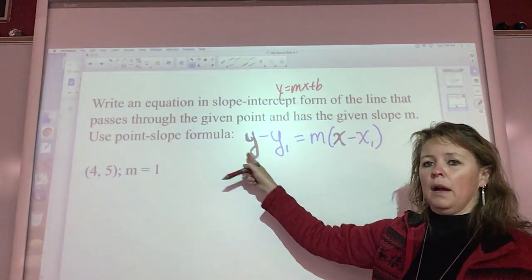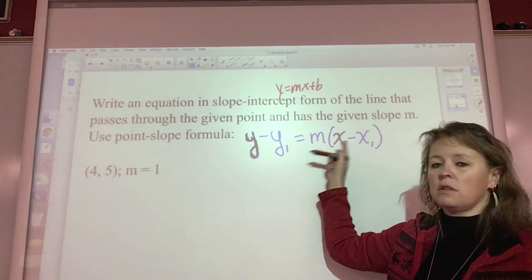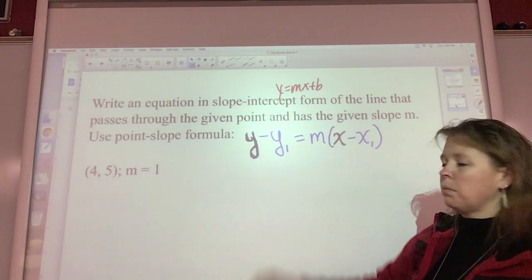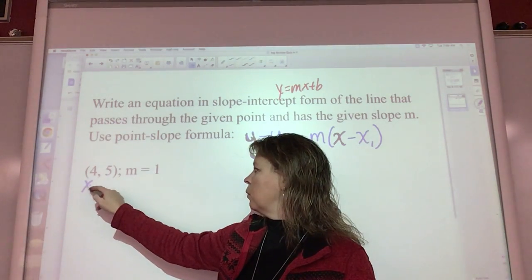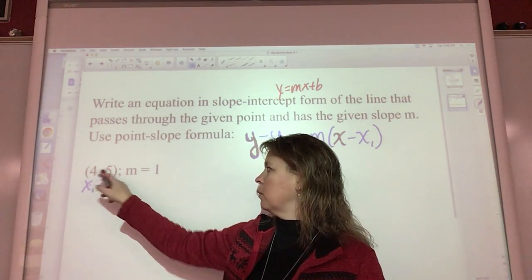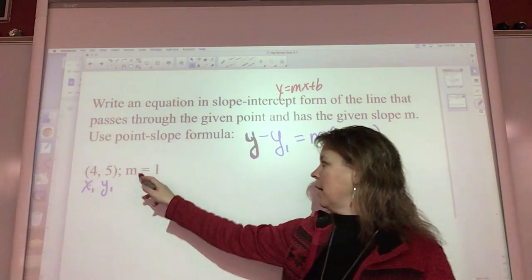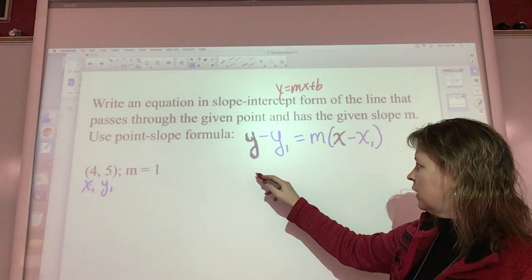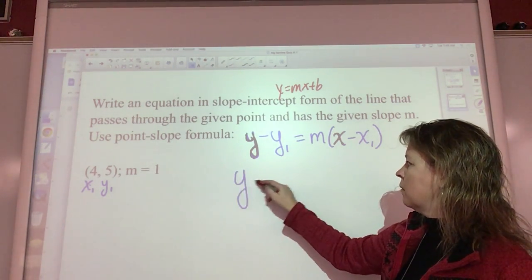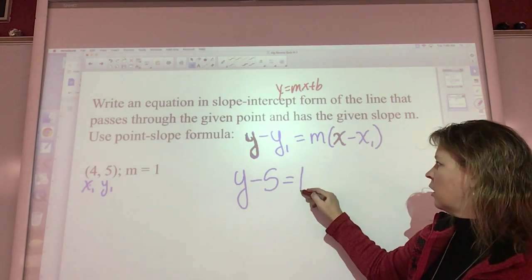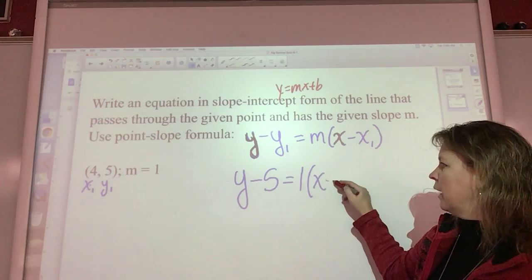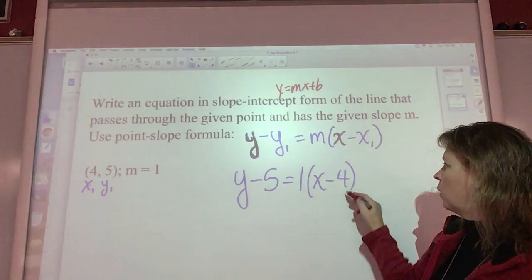Don't touch this y, don't touch this x, don't change it, don't move it, don't rearrange it, don't plug anything in. We know that over here we have x1, y1. You have one x and one y, and we have the m. So our formula over here now says y minus 5 equals slope 1 times x minus 4.